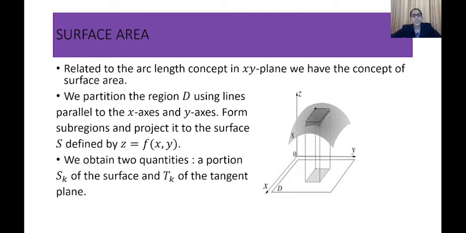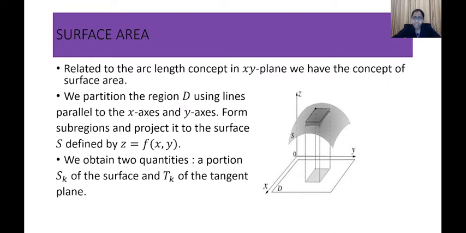So first what we do is, again, we are given any surface. You can see in the figure there is a surface S, okay, and that is projected in the XYZ plane. So we are given a surface. What we do is, we'll consider the corresponding region D, you can see, in the XY plane. Okay, and as usual, like we have partitioned the intervals and partitioned the region, here also again using parallel lines which are parallel to x-axis and y-axis, we shall partition this region into sub-regions.